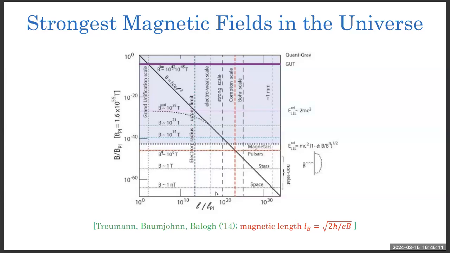But actually, the reason they show this diagram, even the inflation scale, electroweak scale, and Planck scale, is just because they have in their mind the physics of strong magnetic fields in this particle physics context, even up to the quantum gravity regime.